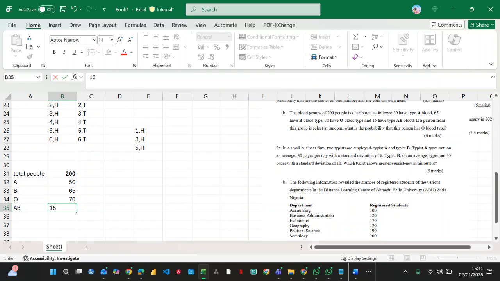And then 15, which is AB, which is 15. Okay?